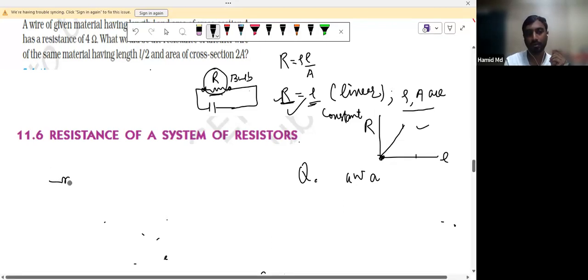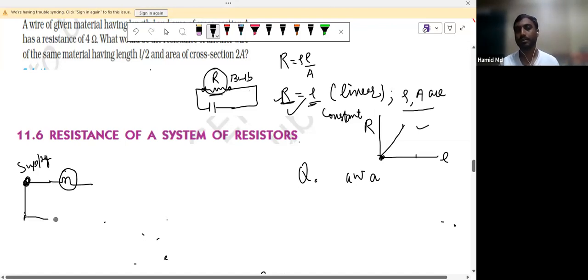Suppose this is a bulb. This is the wire coming from the supply. There will be one neutral or earth, right? To glow a bulb, we need how many wires?